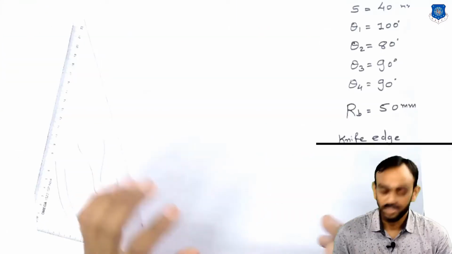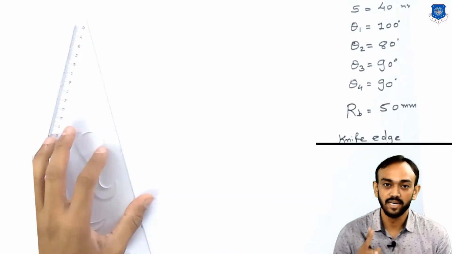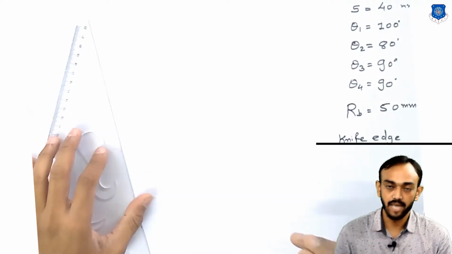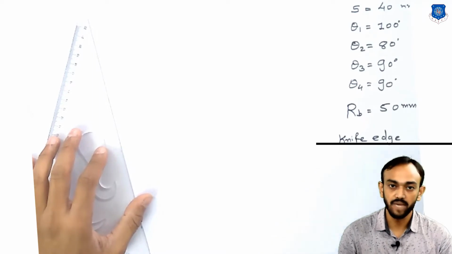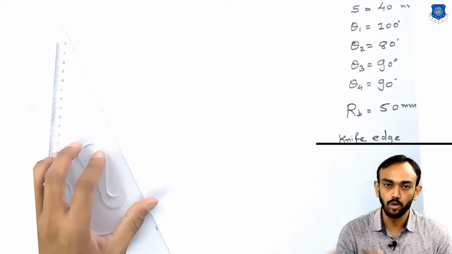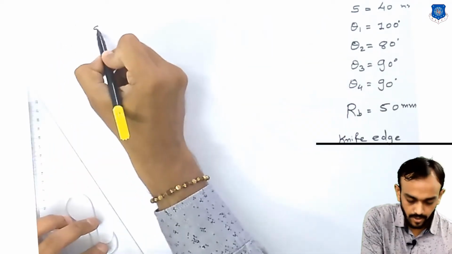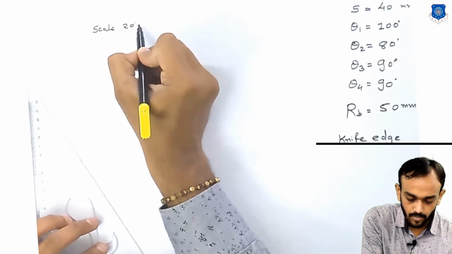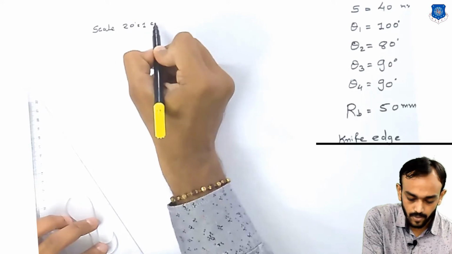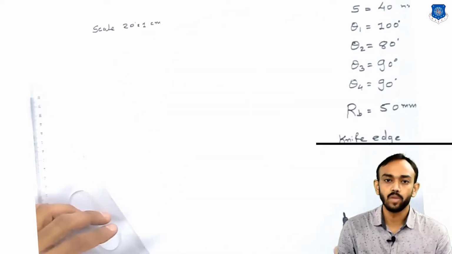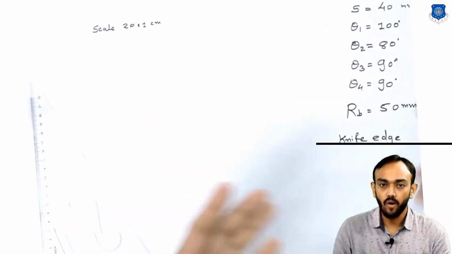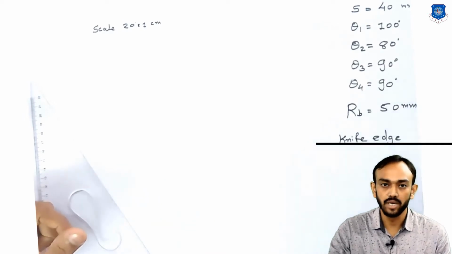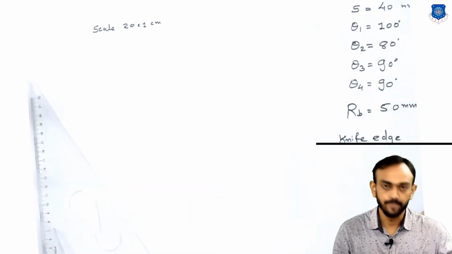Okay, let's start with the displacement diagram. In the displacement diagram, you know the scale: we have taken 20 degrees equal to 1 centimeter. So we have to convert all the angles, theta 1, 2, 3 and 4, from degrees to centimeters.